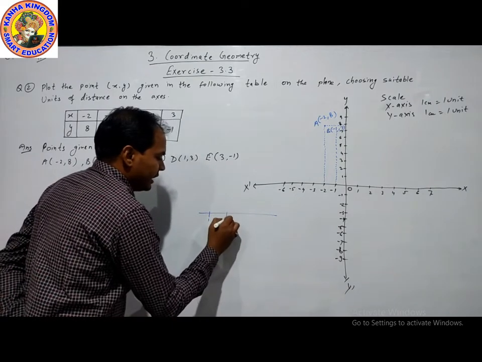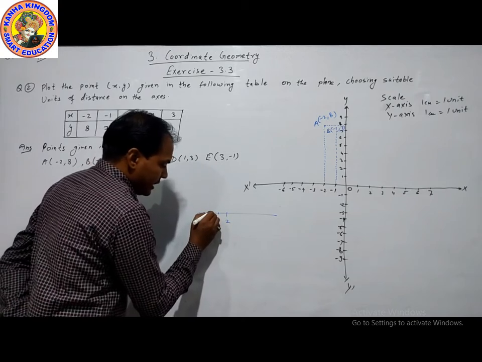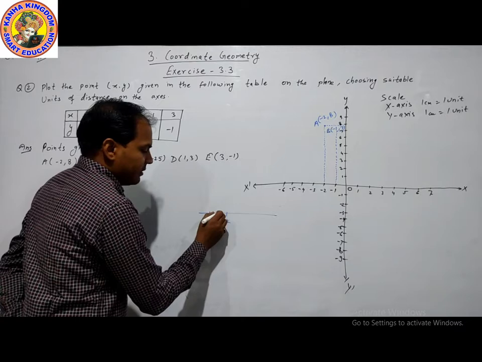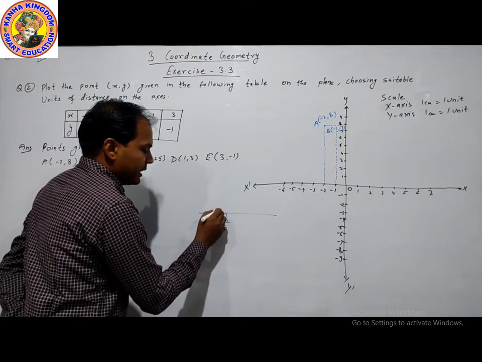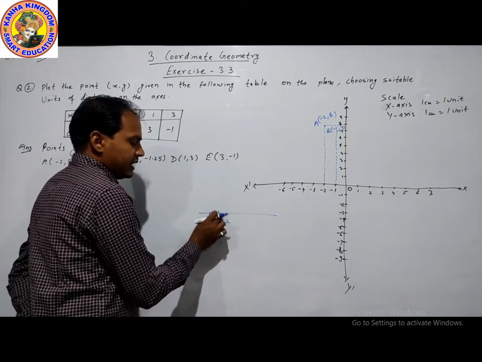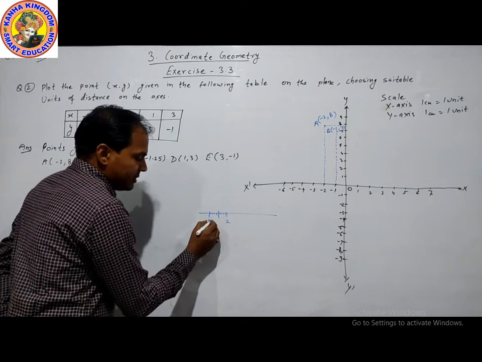Here is 1 and here is 2, and between them there are 10 small lines. So this is 1.